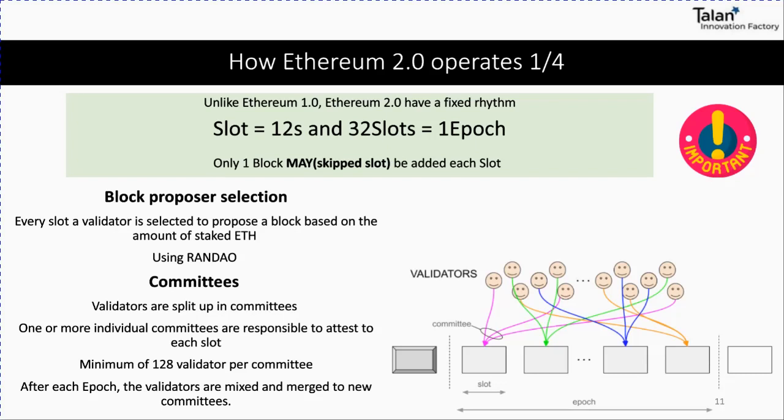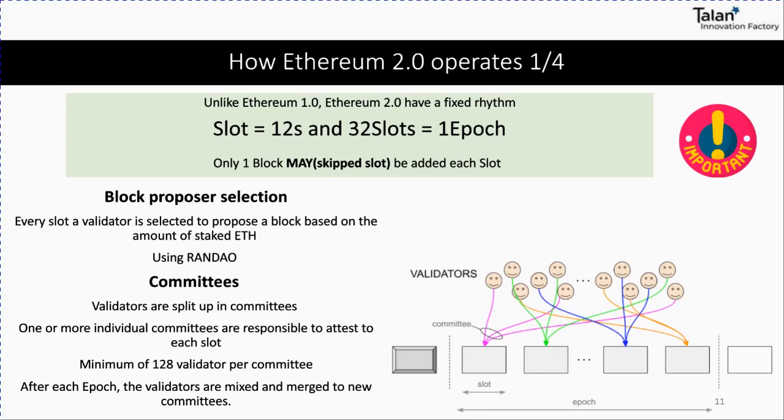So you can see here that the concept of sharding got introduced to Ethereum 2.0. If you are a validator working on this slot, you don't need to send your transaction or your vote to the majority or totality of the network.